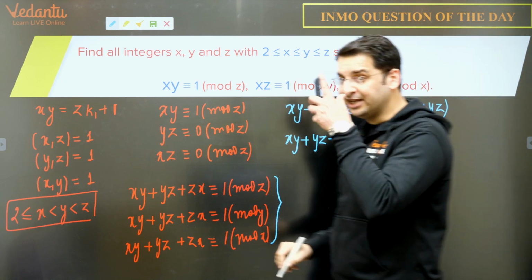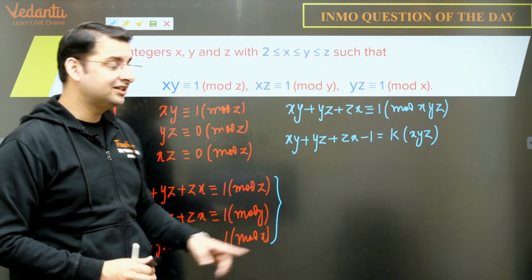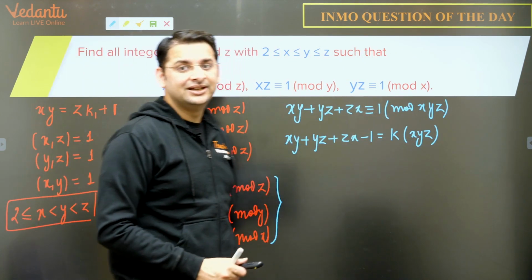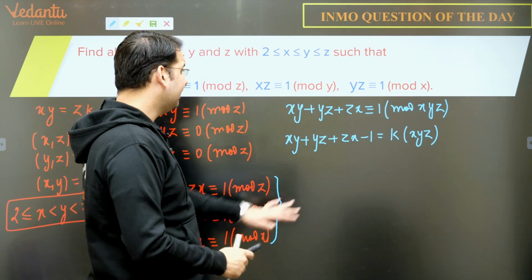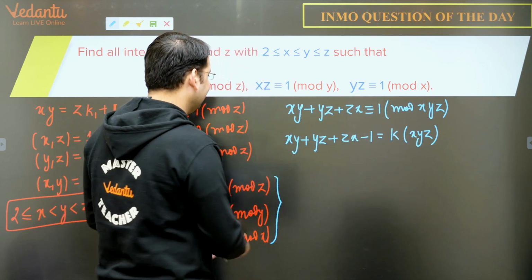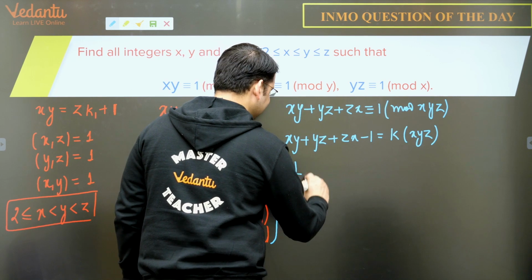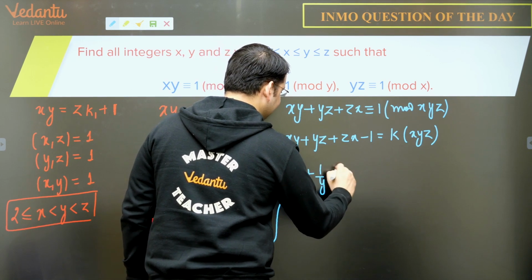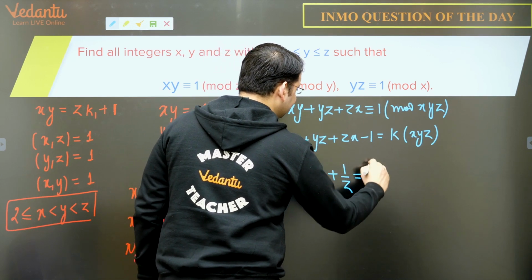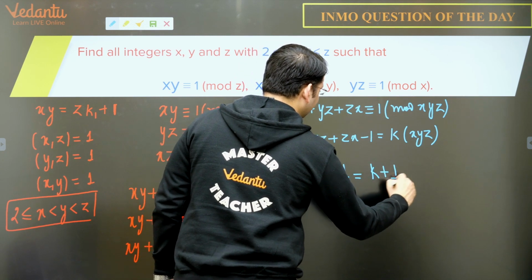And if we divide by xyz, we get 1 upon x plus 1 upon y plus 1 upon z is equal to k plus 1 upon xyz.